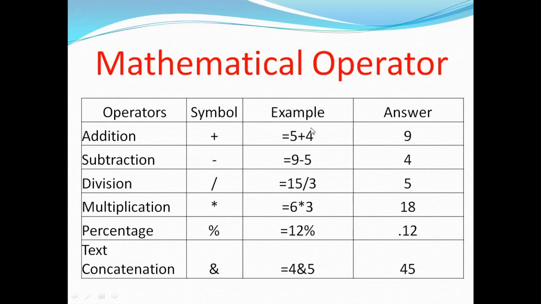Here in the mathematical operators you can see the symbols: addition, subtraction, division, multiplication, percentage, and the and sign is text concatenation. Here is the example: 5 plus 9, what is the answer? I can make it harder, but for now, for simple understanding, letters and numbers. 5 plus 9, answer is 14. 9 minus 5, answer is 4. You can pause the screen and check.